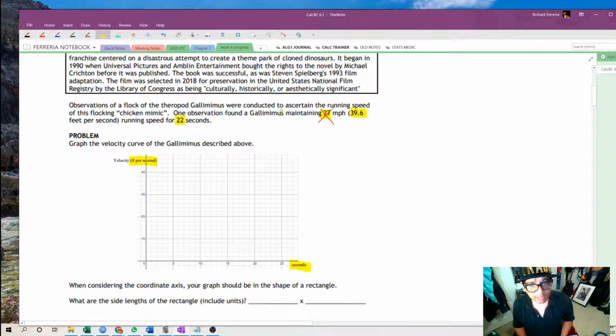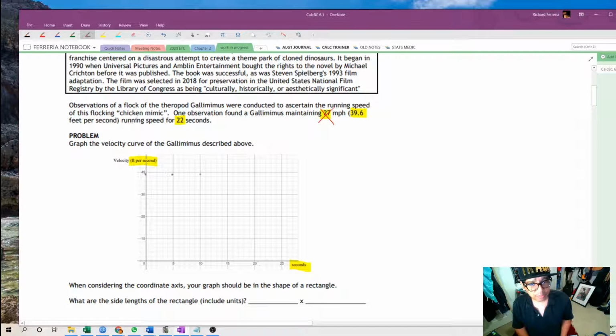So let's just take a few measurements here. At t equals 0, if the Gallimimus is maintaining 39.6 feet per second, then the velocity at t equals 0 is 39.6. Maybe right around there. How about at t equals 5? Yeah, that's also 39.6.